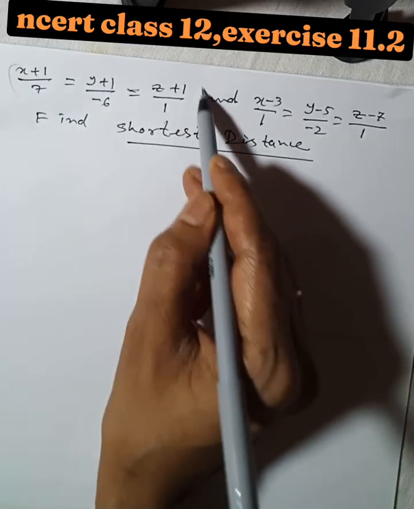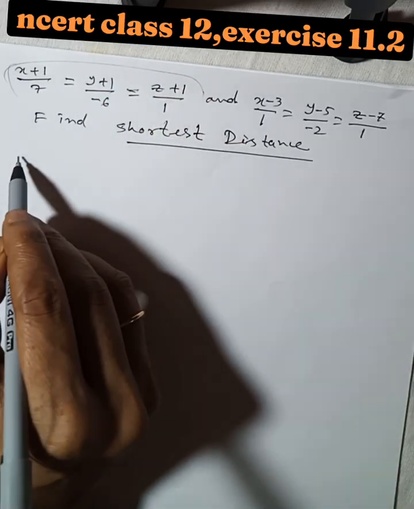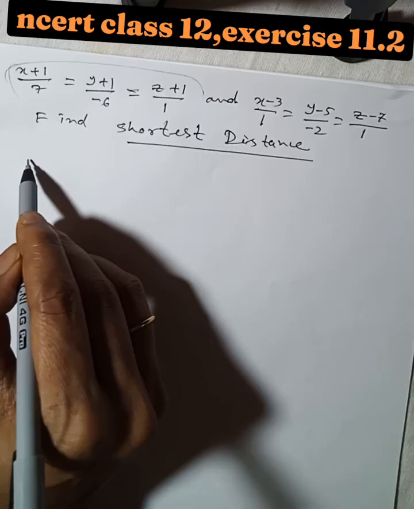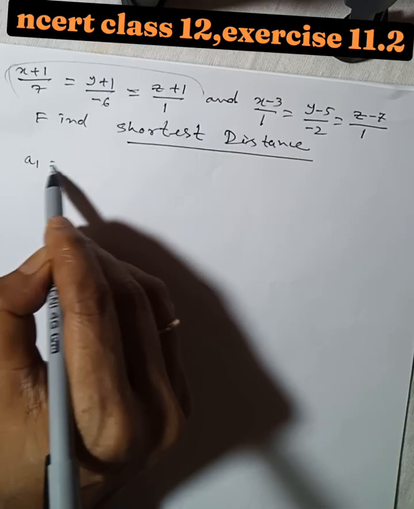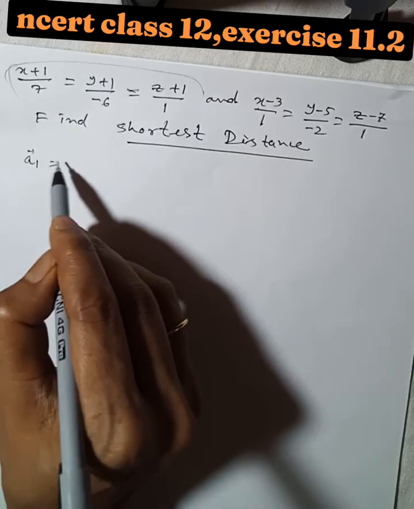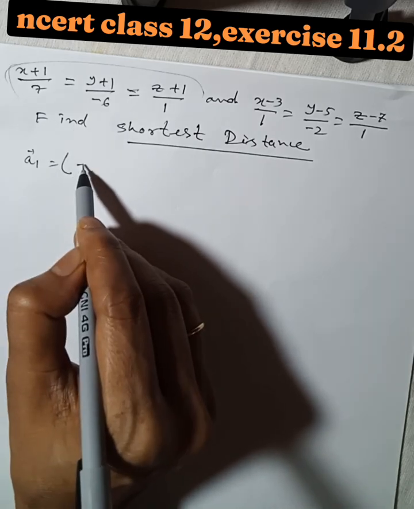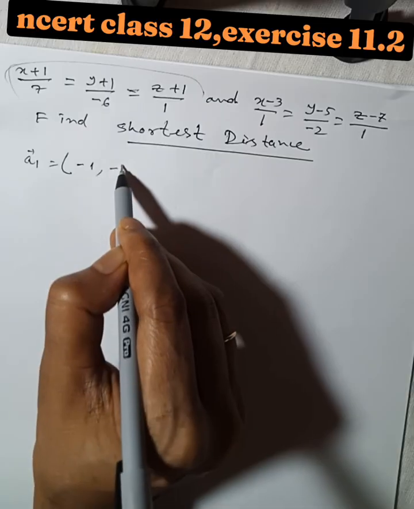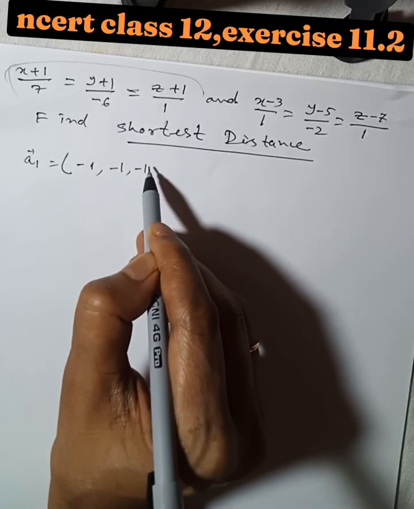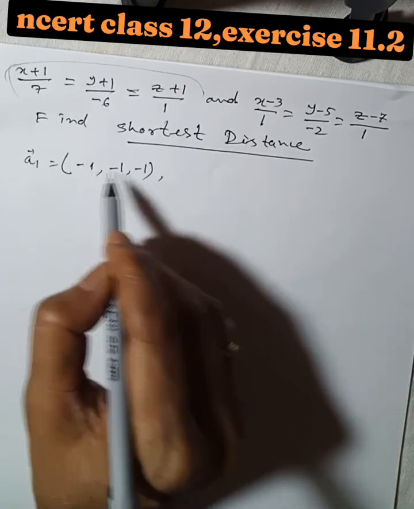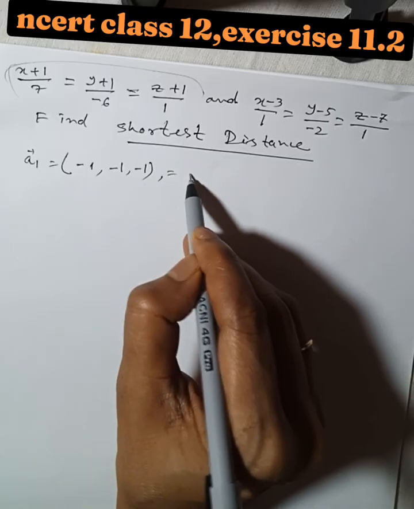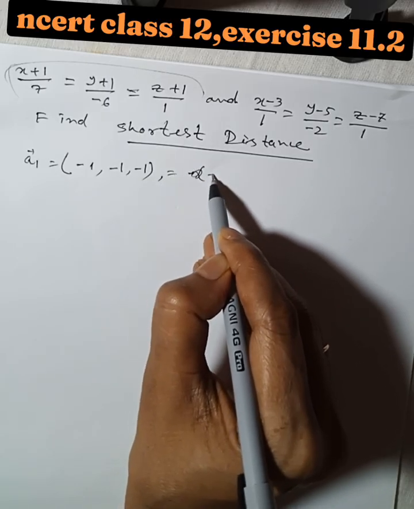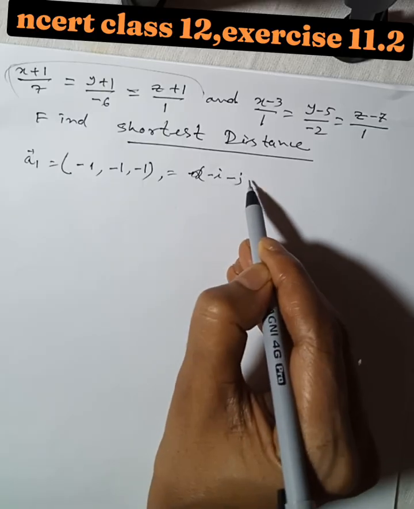This line passes through a point; let a1 be the position vector, minus i minus j minus k.